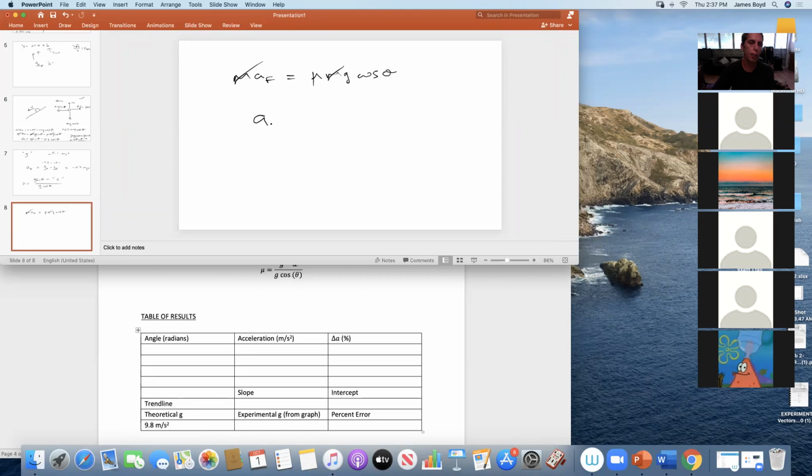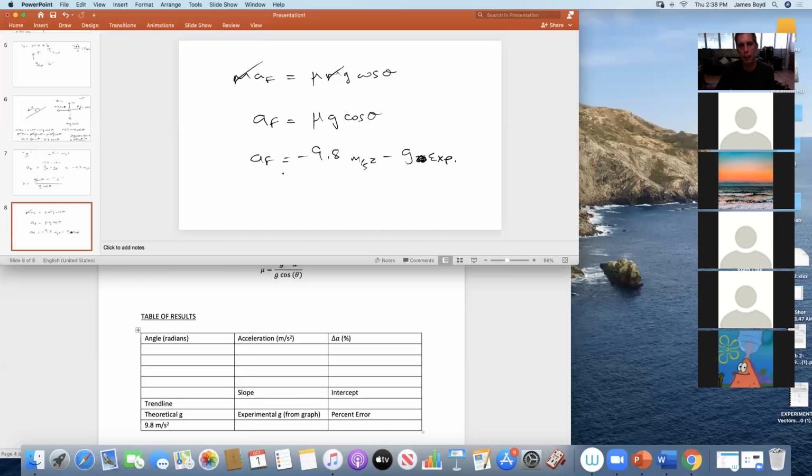Cancel this. A of friction is mu g cos theta, and A of friction is also equal to 9.8 with a minus sign meters per second squared minus your G theoretical or your G experimental. That's what I meant. It felt wrong, like I shouldn't have had that sign there.